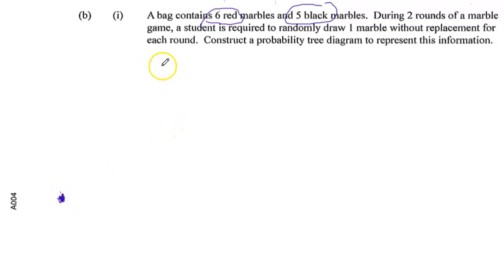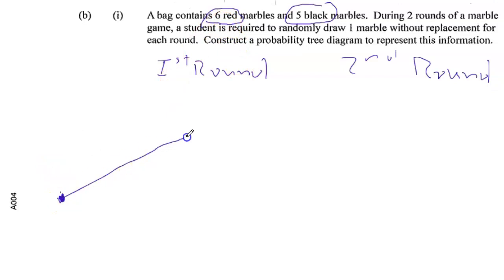Let's do the first round and second round. So in the first round, possibilities are R for red, and using B for black.